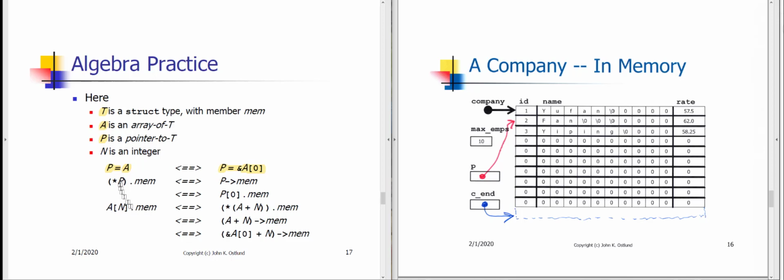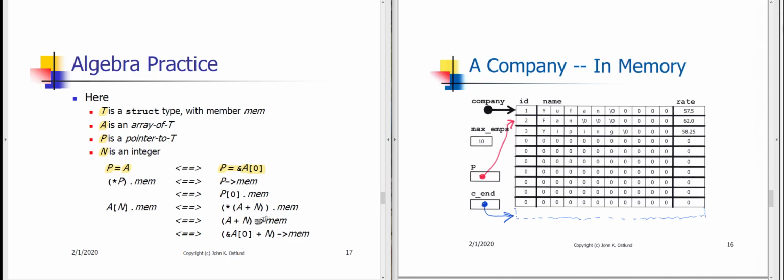A sub n, where n is an integer, is the nth element within the array A. A sub n dot mem is the dot mem member of that particular structure within the array A. And remembering our A sub n equivalence, A sub n is equivalent to star of the quantity A plus n. And if we put all that in parentheses and put dot mem after it, that's an alternate way of getting to that particular member of that structure.